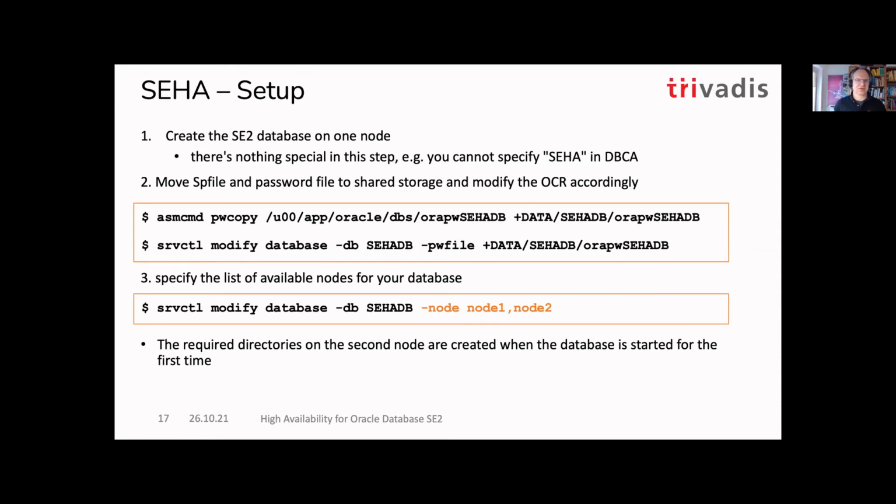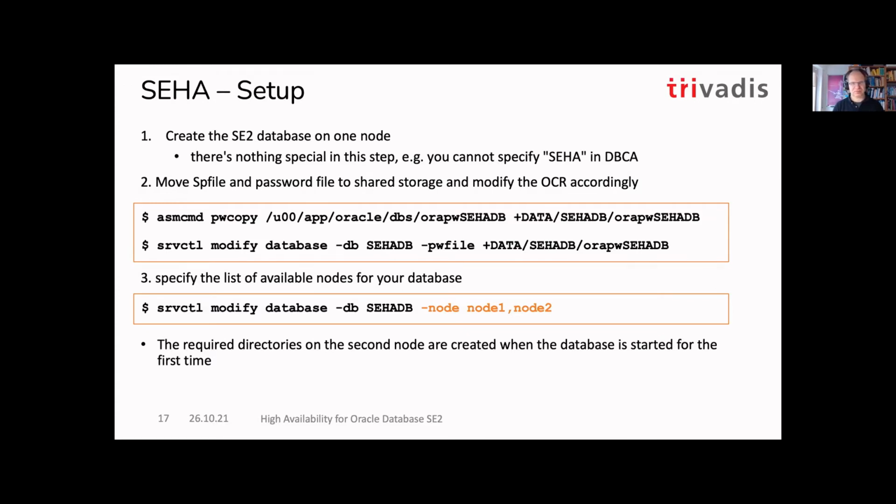How to configure it? You start with a normal SE2 database on 1 node. There's nothing special in there. You cannot say, I want to make it a SEHA database. You simply create a database. If your SPFILE and password file are still stored locally, you have to move them to the OCR. Use the commands for the password file, asmcmd pwcopy, into the disk group.